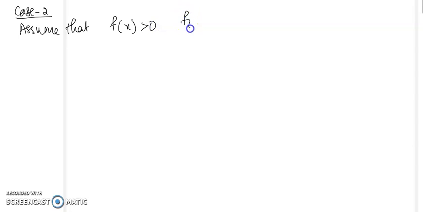And now let us see case 2. Now, case 2, so assume that f of x is greater than 0 for some point in open interval AB.